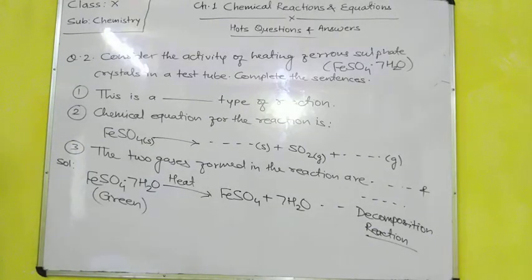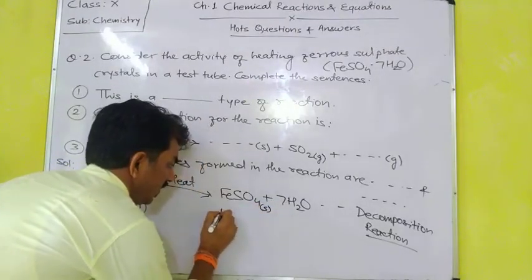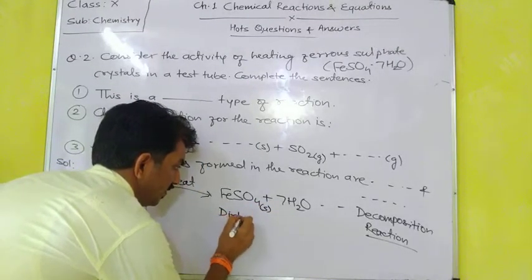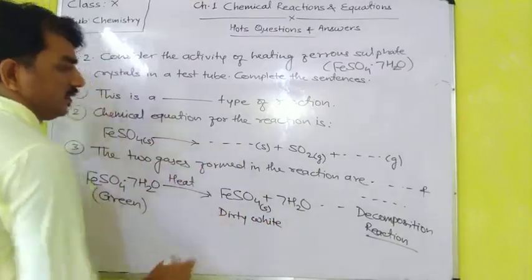The second question asks for the chemical equation for the reaction. Here I have written it. The unhydrated ferrous sulfate is dirty white in color.